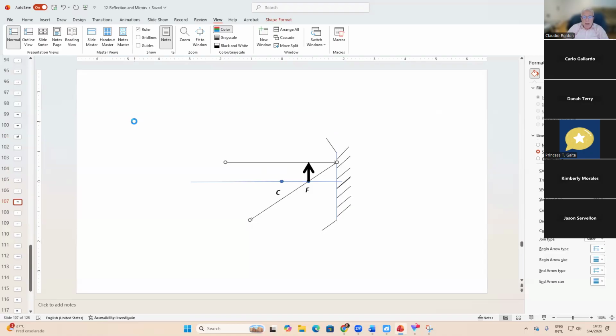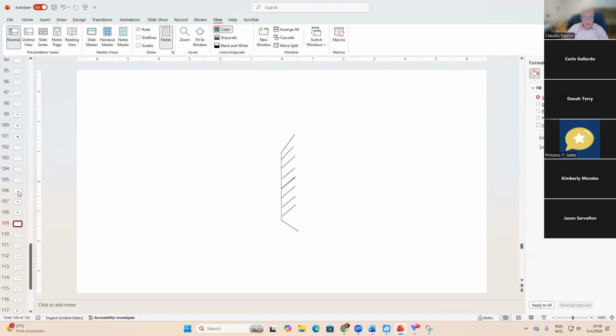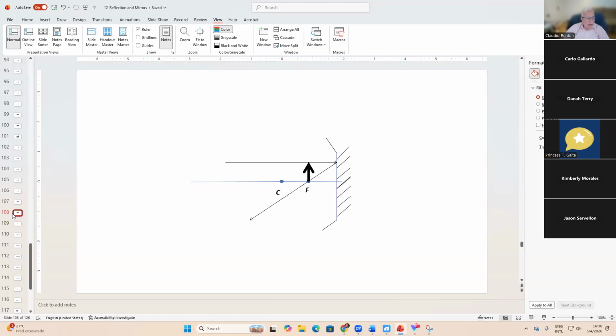Light ray parallel to the axis, reflected towards the focal point. Another light ray. Which one can we do?